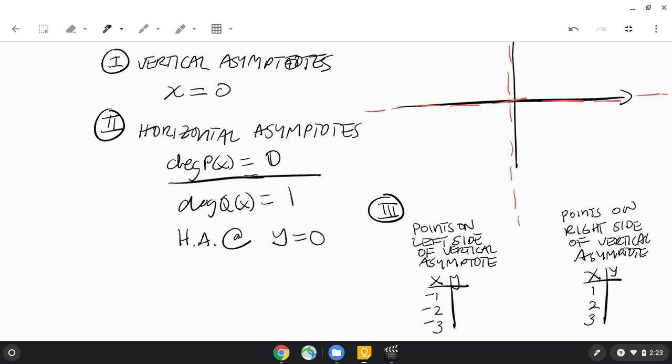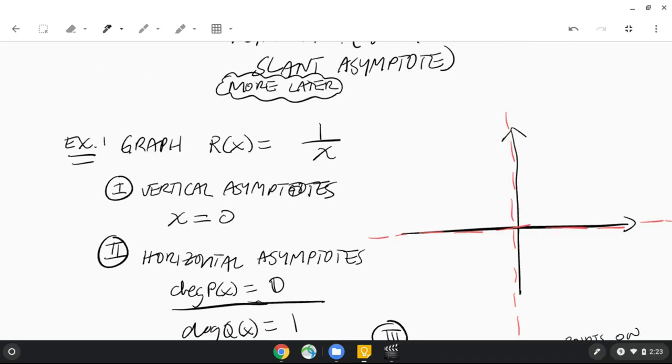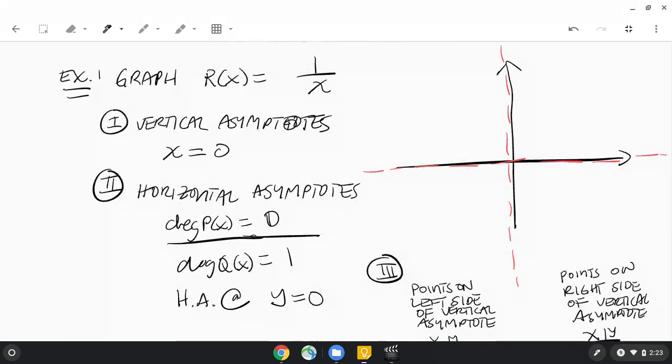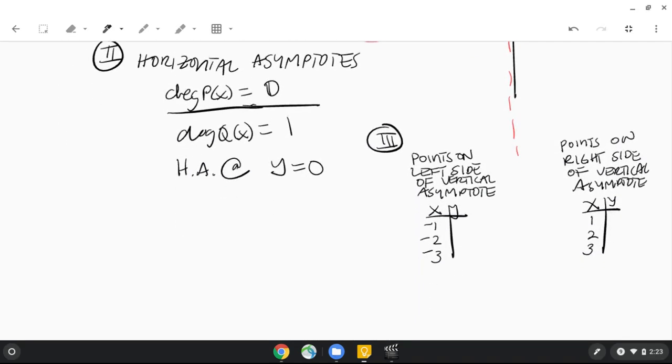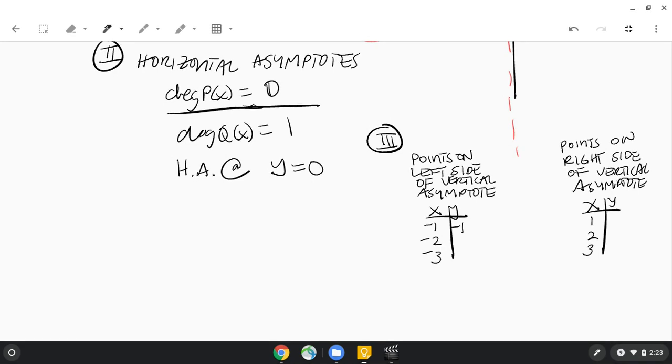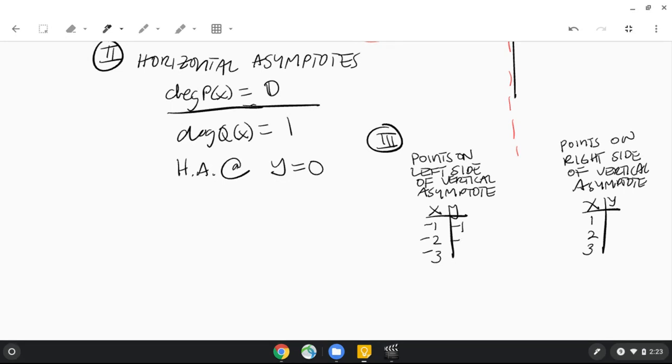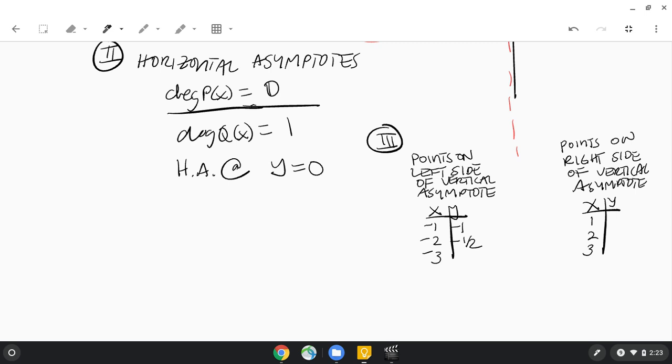All right, so we plug it into the original problem, 1 over x. So 1 over -1, 1 over -2, and 1 over -3.